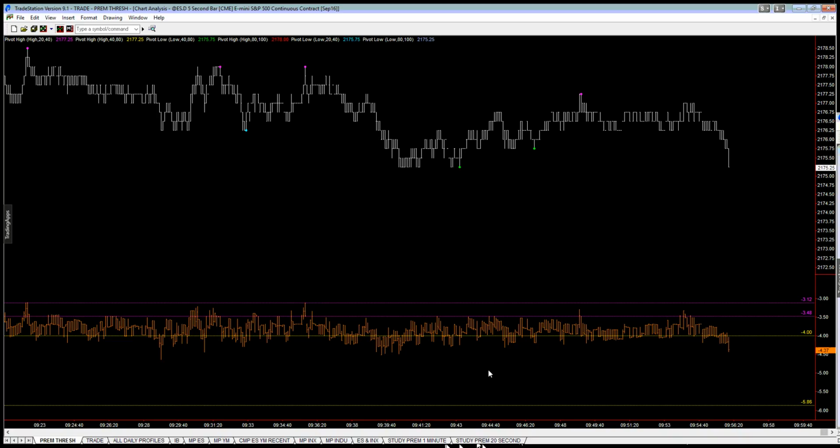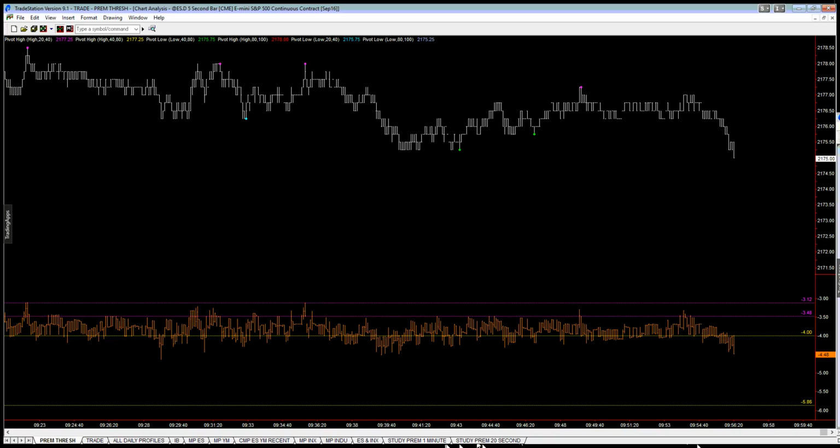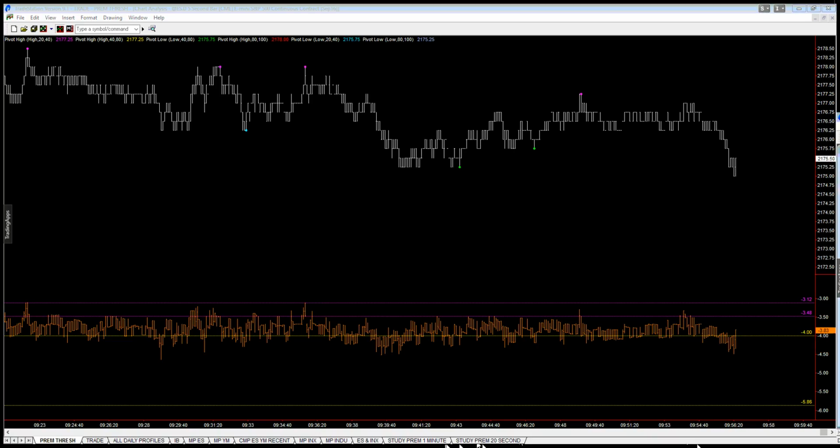And here we go, way below that support level. There's 75. Still calling for a drop.